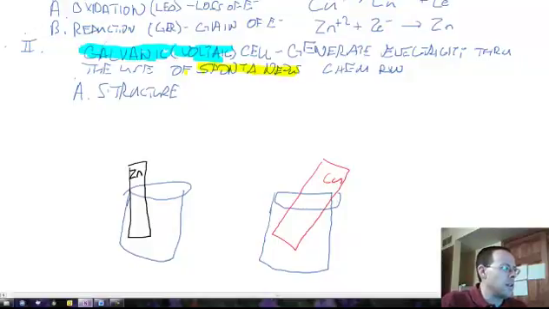In my jar on the left, I have some liquid, and let's just say it has zinc nitrate in it. So we really have some zinc ions floating around and some nitrate ions floating around. In my copper one, the same thing is happening.